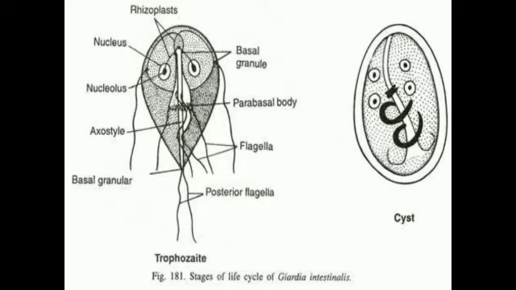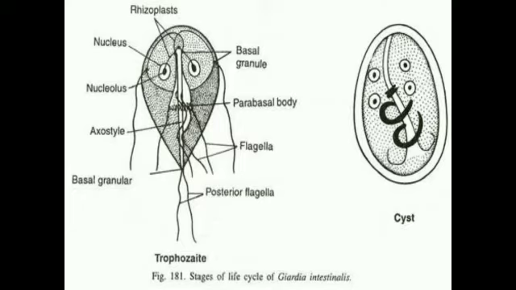They have the blepharoplast from which the flagella arise, and one pair of axostyles running along the midline. They have two sausage-shaped parabasal or median bodies lying transversely posterior to the sucking disc.